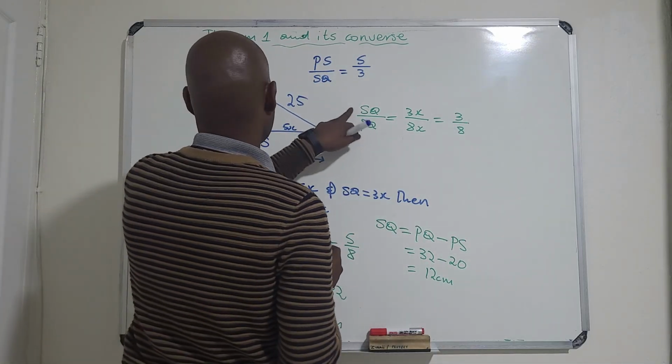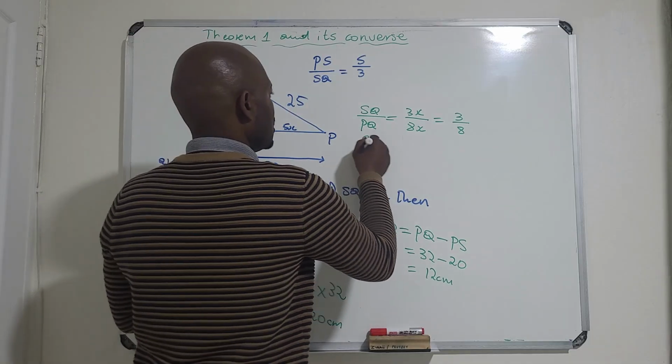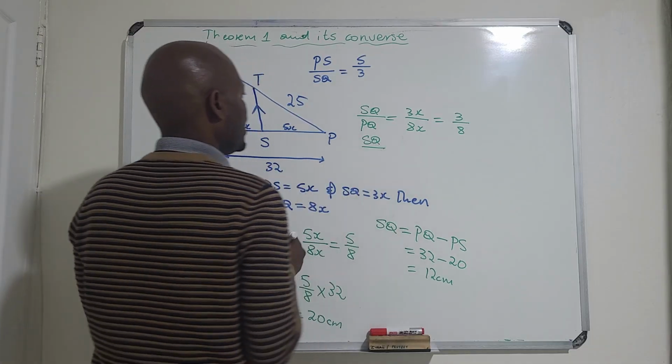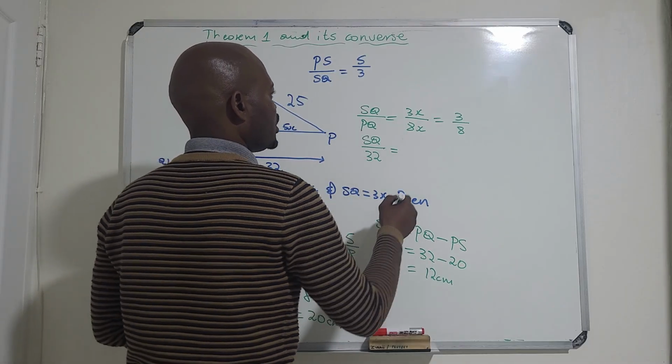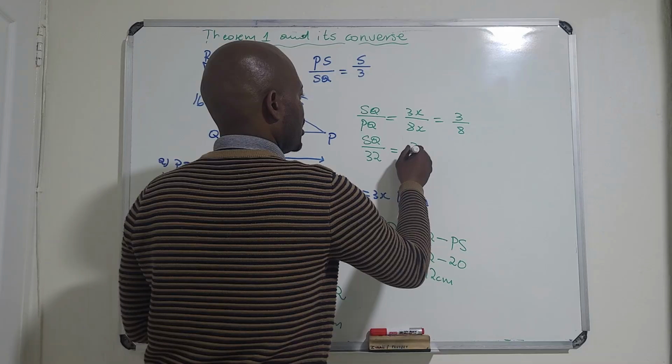We are looking for SQ over PQ, which is 32, equal to 3 over 8.